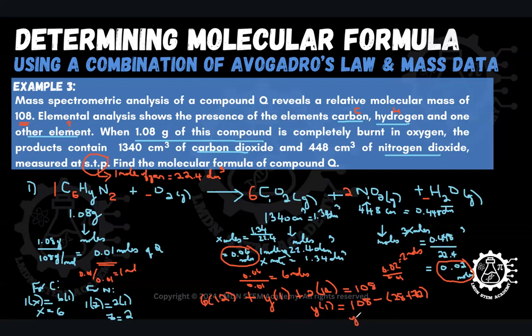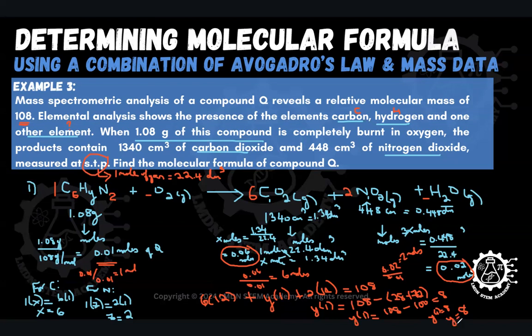And so now what we're left with is that Y times 1 is equal to 108 minus 100, which is then equal to 8. So we know that Y times 1 is equal to 8, which means that Y itself is 8.